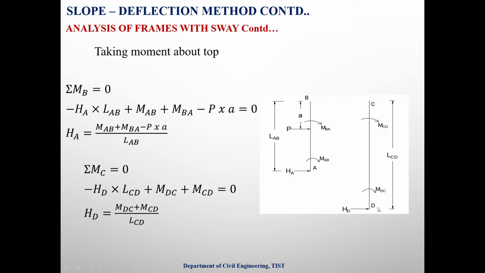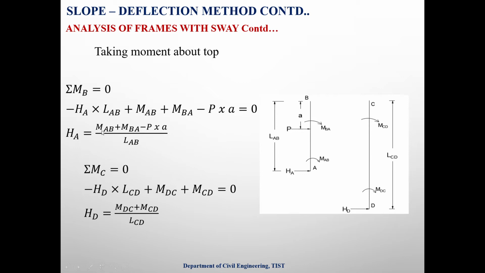Similarly, considering the free body diagram of CD and taking the moment about C, then MCD plus MDC minus HD into LCD is equal to 0. Therefore, HD can be written as MDC plus MCD divided by LCD.